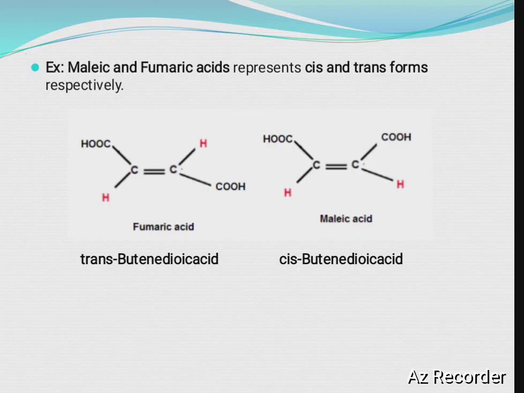One is the fumaric acid, and the IUPAC name for this compound is butene-1,4-dioic acid. Here, there is one COOH group attached to one carbon atom and the other COOH group attached to the other carbon atom involved in the double bond.